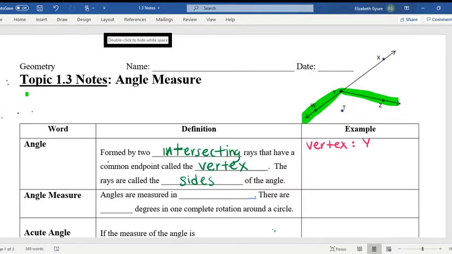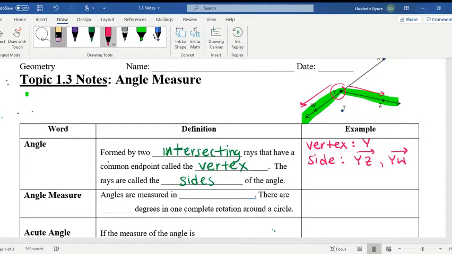It says here, formed by two intersecting rays that have a common endpoint called the vertex. So our common endpoint is Y, and then from Y we head towards Z. So one side of our angle is ray YZ, and the other starts at Y and heads towards W. So the other side is ray YW.